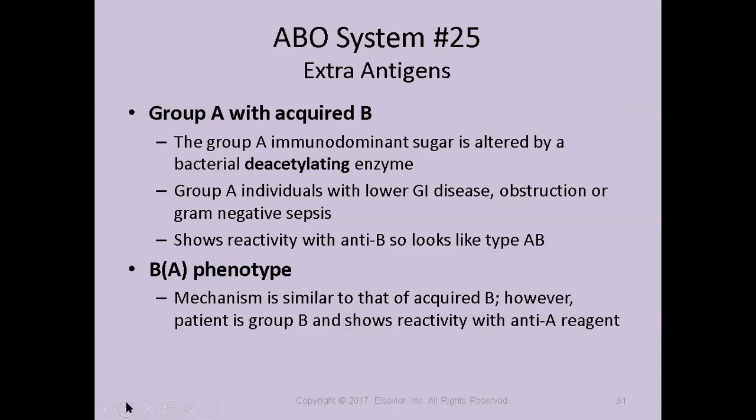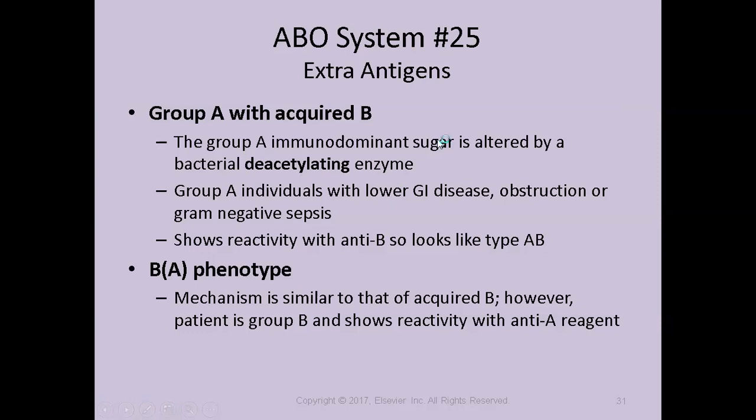When we're doing the testing, they're reacting with anti-A strongly, but then there's another reaction showing up that makes it look like they also have a B antigen, and that's usually a weaker reaction, okay? So why does this happen?